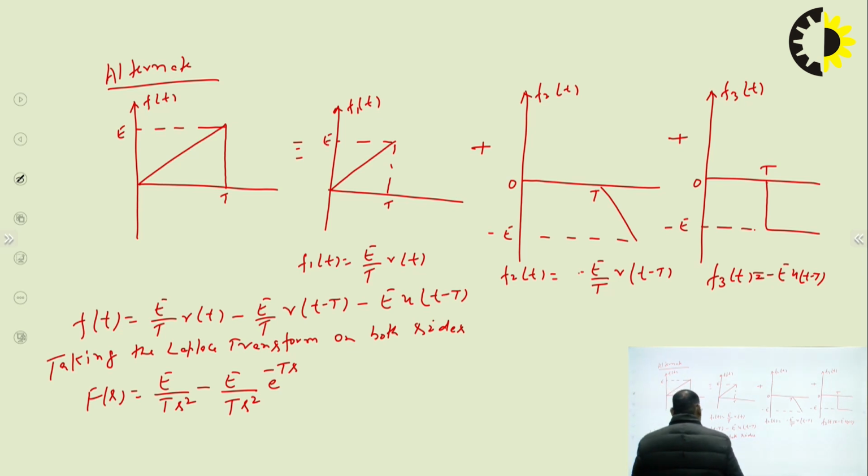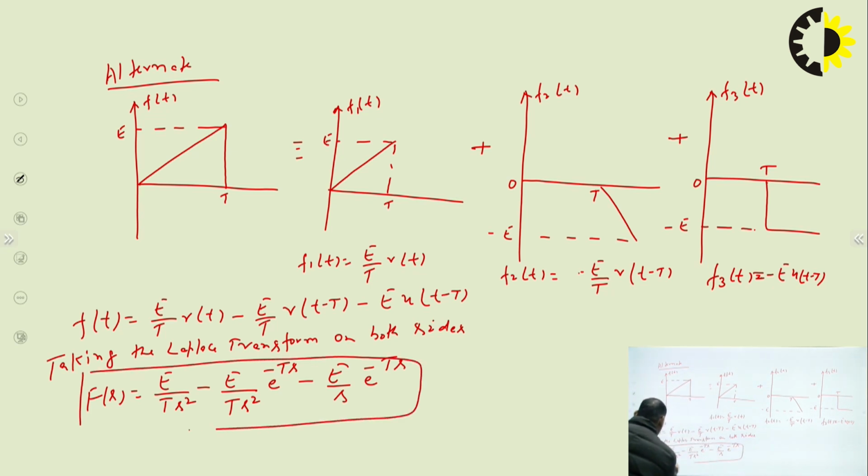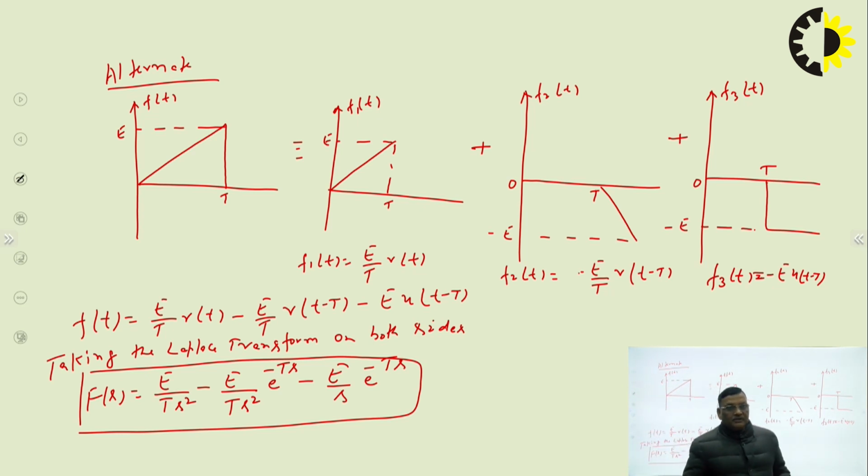So it is a shifted ramp, shifted by time capital T, and this is the shifted unit step, so it is E by s e to the power minus Ts. Okay. So this is another approach. We have carried out the waveform synthesis here by using the graphical composition. What I have done, I have taken the shifted ramp and shifted unit step, and we have synthesized this wave shape, and then written the equations and taken the Laplace transform.